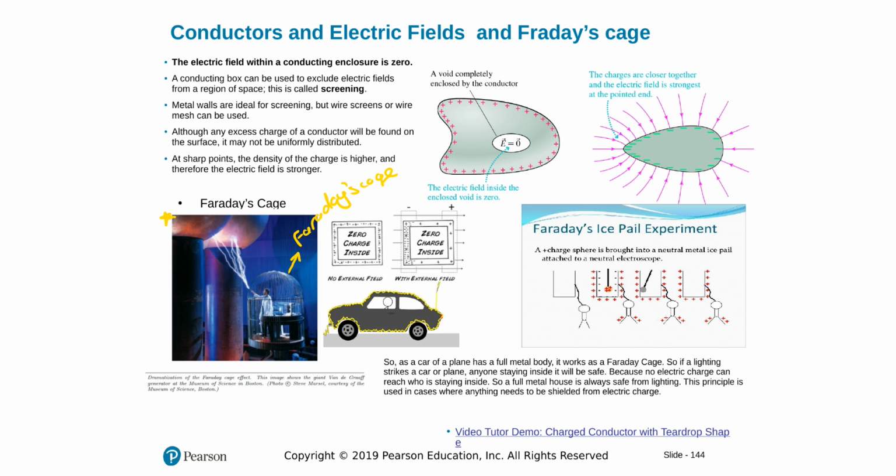He would go into the cage and let people zap him with lightning, like this big electricity here. This is from a museum, I believe, from Boston. I wish I could go one day. And he would show that he's not killed, because inside the conductor it will always be nice, no electric field, no charges.